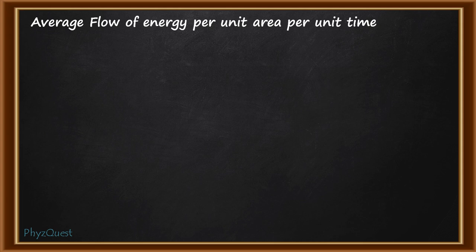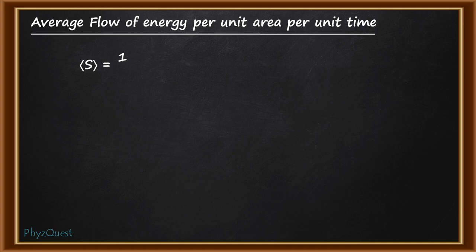We need to find the average flow of energy per unit area per unit time. The formula we need is average of S equal to 1 by 2 c epsilon 0 E0 square. The expression of electric field we are given is vector E equal to i cap root 2 sine(kz minus omega t) volt per meter. So let's put the values in this expression.